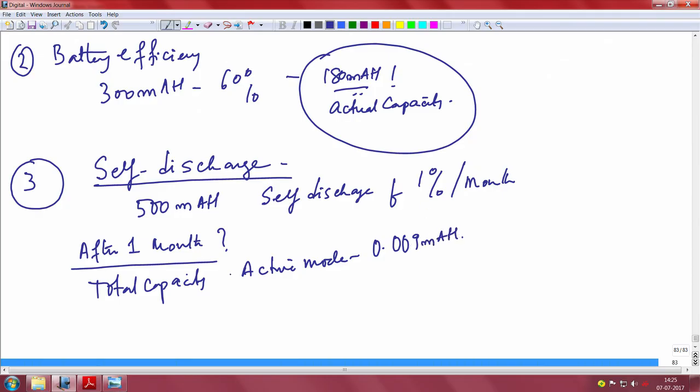Okay. But for sleep it is 0.72 milliampere hour. I hope you are not getting confused.